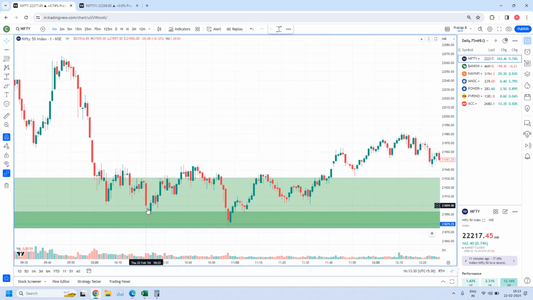At what time did it reach this zone? At 10 o'clock, 23 minutes. Today at 10:23, it reached the zone. The moment it reached the zone, whatever price the futures chart is having at that time, take your trade at that price.